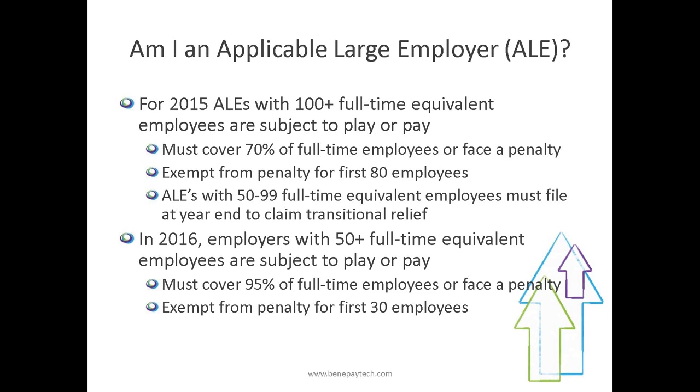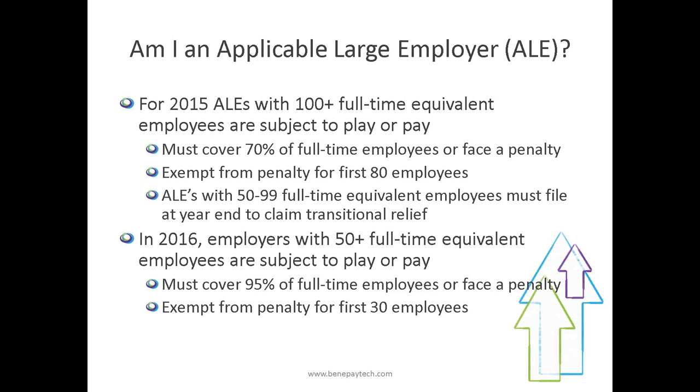If you choose to play, you must offer health insurance to at least 70% of full-time employees. Also for 2015, if you choose to pay, you are exempt from the penalty for the first 80 full-time employees. Applicable large employers that have between 50 and 99 full-time and full-time equivalent employees must file at year-end and claim transitional relief.